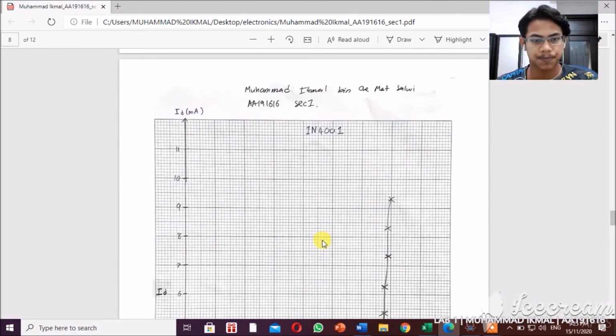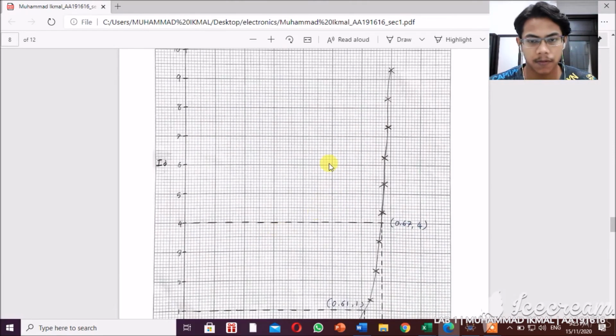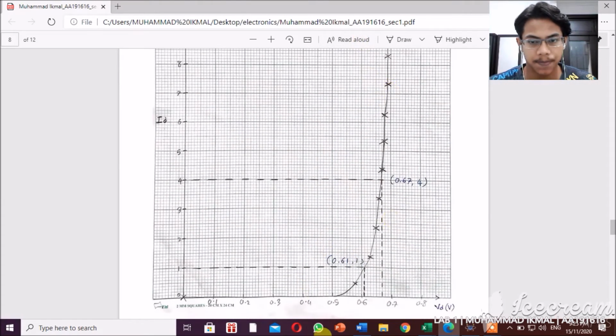So for silicon diode, because of forward bias, the graph should be like this, and the question uses 1 milliampere. So I plot it here and I get 0.61 volt and 0.67 volt, and the current is 4 milliampere and 1 milliampere.